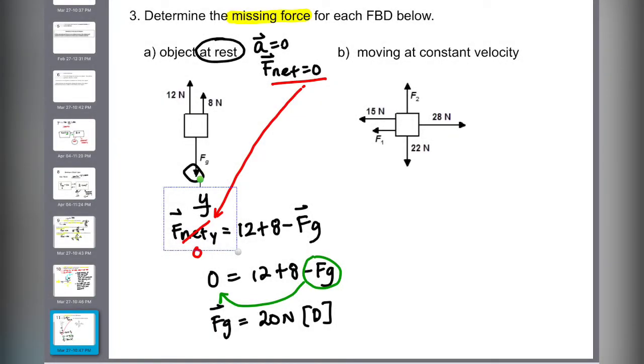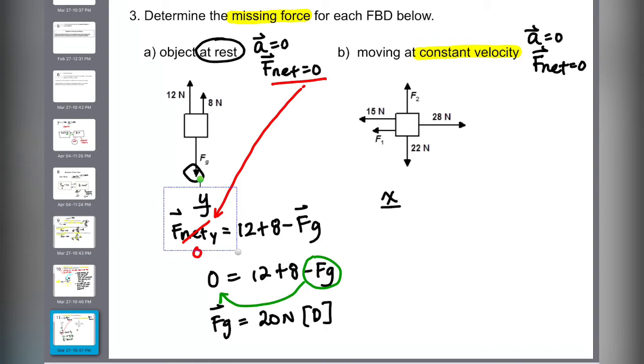Part B, object moving at a constant velocity. Implications again. When it's a constant velocity, it tells me that it's not accelerating. And therefore, according to the first law, if the object is not accelerating, I know the overall net force also has to be 0. Analyze the force along x and along y.